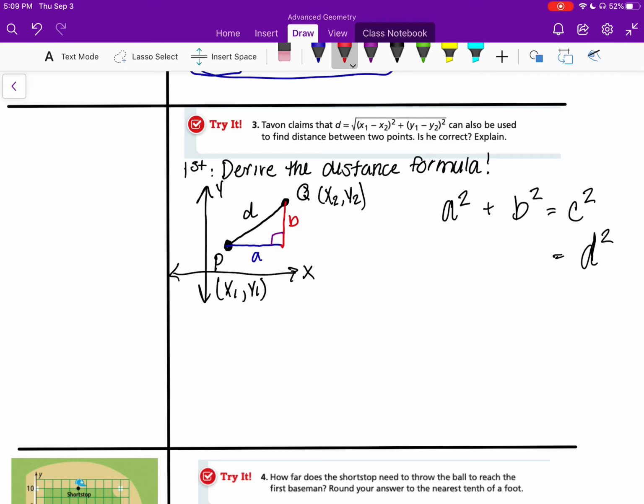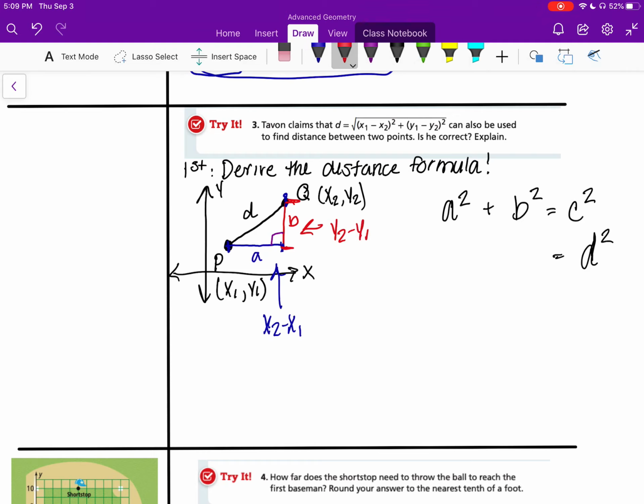We don't know them exactly, but we do know this x-coordinate and this x-coordinate. So we could say that A is going to be the difference between those x-coordinates, x2 minus x1, or x1 minus x2. We just know difference means subtraction. And we could say that side leg B is the difference between the y-coordinates, y2 minus y1.